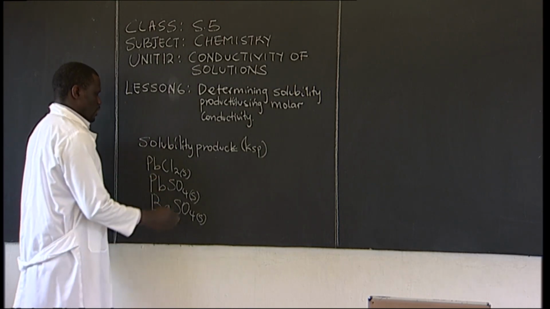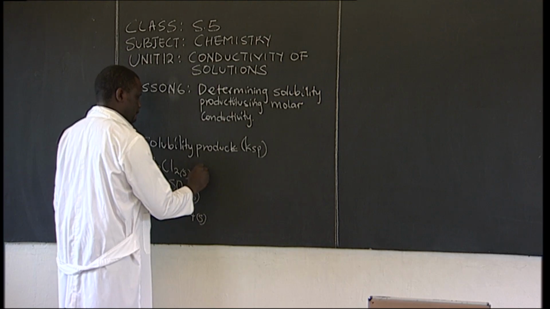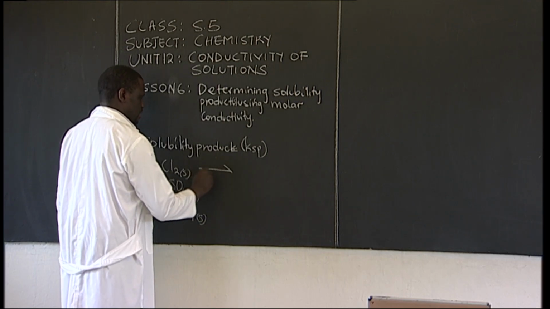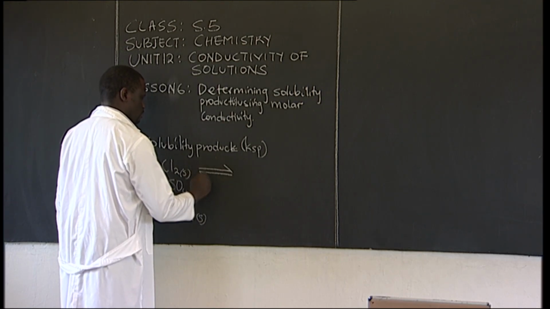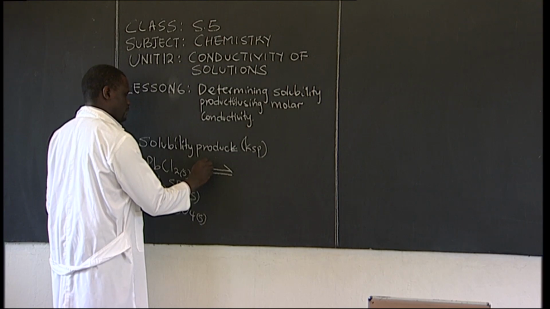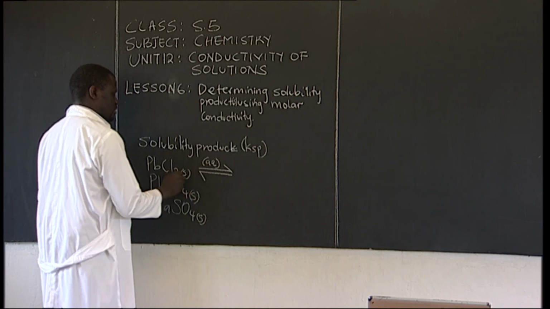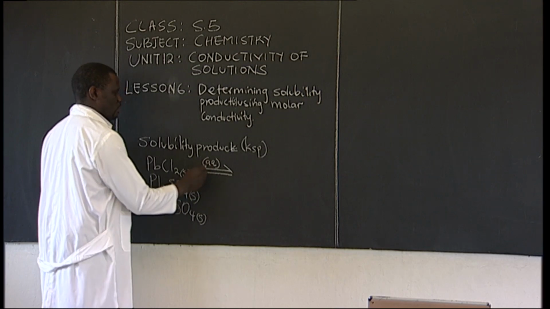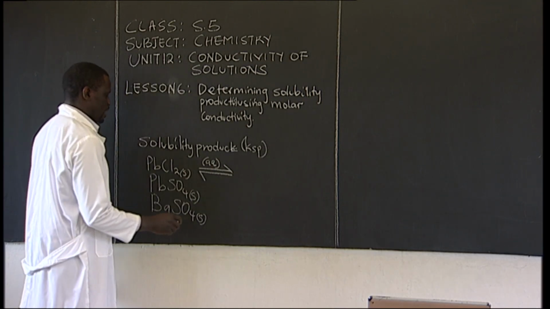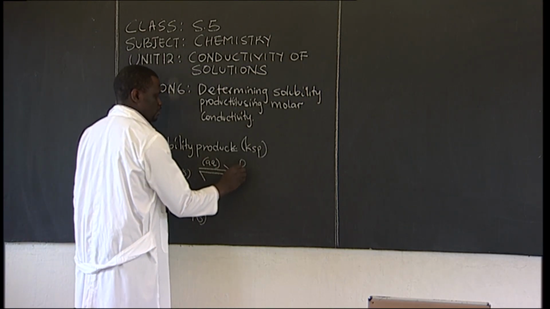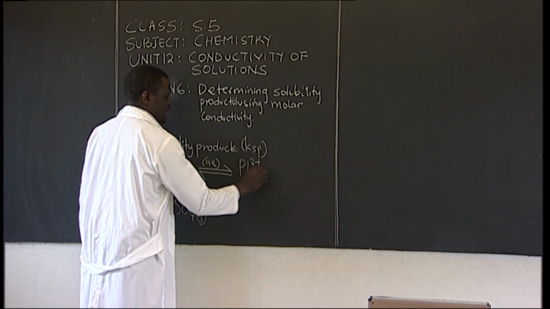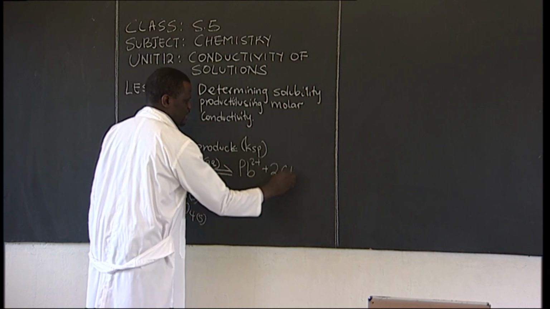For example, if you're writing equations for solubility product, we get our solid, and we dissolve it in water. We are going to use aq for aqueous. Then we have lead 2 plus and 2 chloride minus.